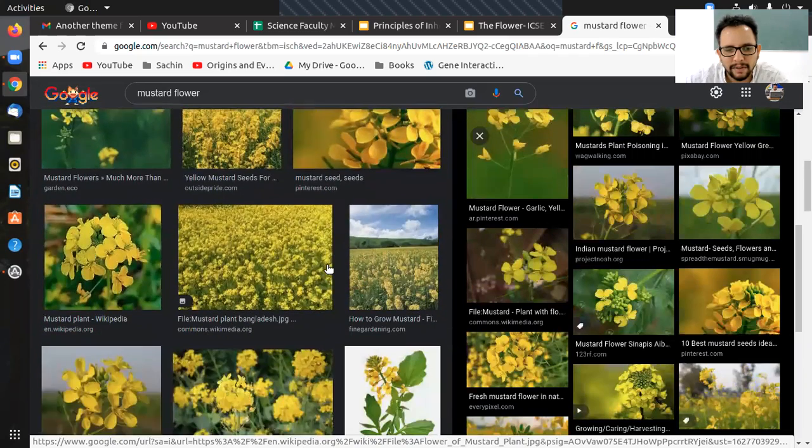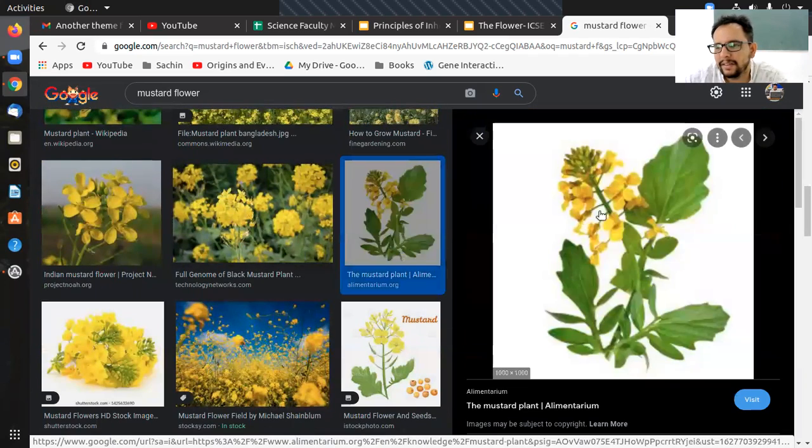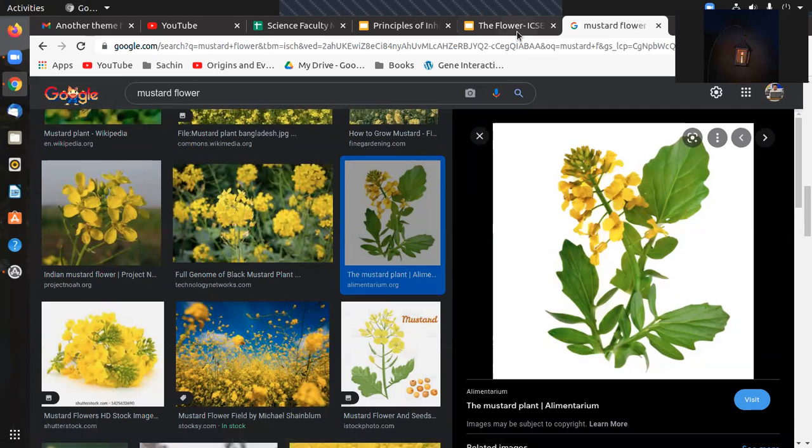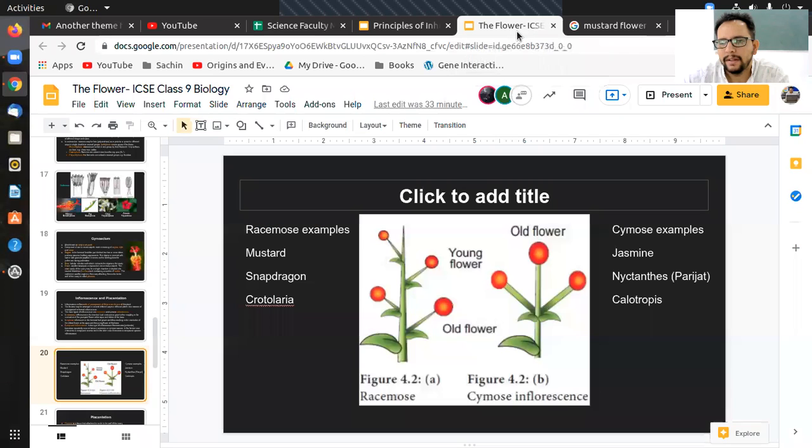I don't know if there is any better picture. Yeah, this is the one. You can see the younger ones keep coming at the top, and the older ones are at the base. Sometimes they put this flower image on the mustard oil bottle. So actually, if you want, you can simply plant these mustards at home. You need not buy it at all.